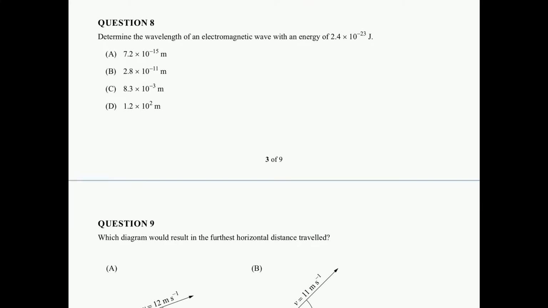All right, question 8. Determine the wavelength of an electromagnetic wave with an energy of 2.4 times 10 to the negative 23 joules. So we know energy can be in the form of a wavelength or be in the form of electromagnetic radiation, and that's E is equal to Planck's constant h multiplied by f, the frequency of that electromagnetic radiation.